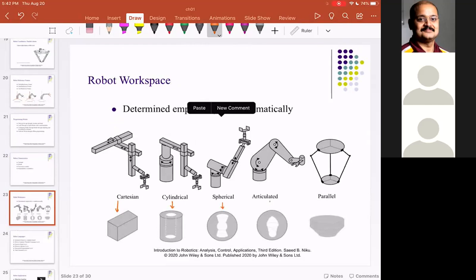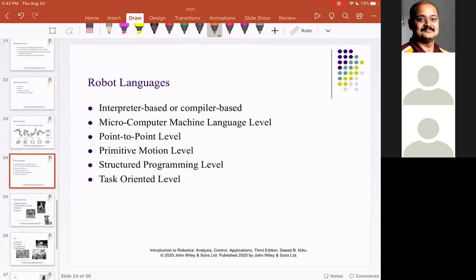I mean, it's spherical. You could have an articulated robot. And for the parallel or delta robot, this is the workspace that is shown. So depending upon the type of robot you use, that dictates the workspace. Depending upon the application that you want, you will choose the robot.